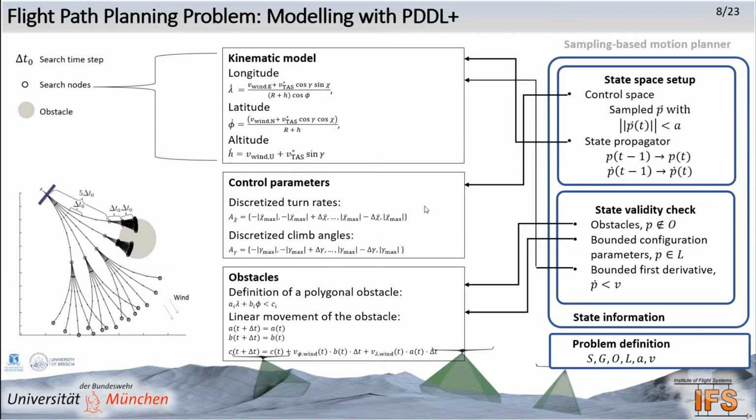Let's look at the motion planning problem we are confronted with first, which is a kinodynamic problem. What we need to consider are the typical kinematic model of a fixed-wing aircraft in a vector field, the control parameters, which are the turn rates and the climb angles, as well as the time-varying constraints imposed by the static and dynamic obstacles in the airspace.